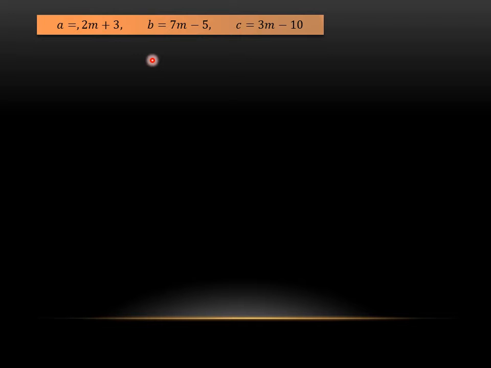In the previous slide, we found the sum of the roots and put it equal to lambda. Now, using the values of a, b and c, we will find the product of the roots. The formula for the product of the roots is c over a. We said that alpha beta, that is alpha into beta, equals c by a.